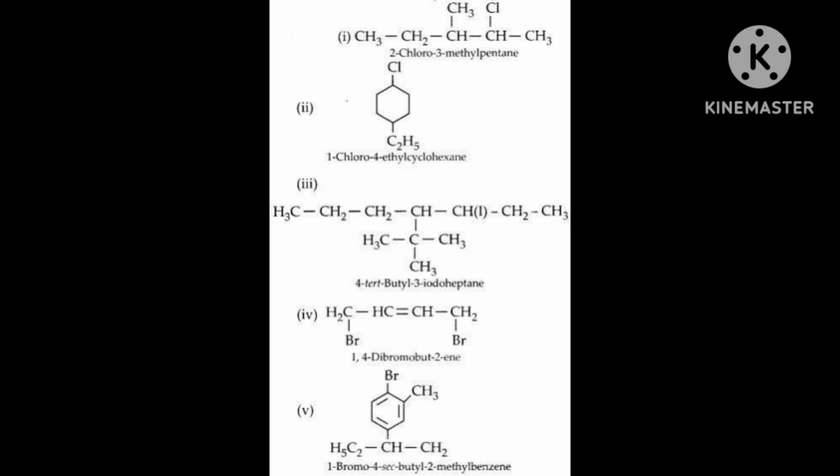You can write both numberings, but it is easy to write from the bromine side, because if you start from this side also, it will be second only, and from this side also the double bond will be on second only. From both sides it will come second, okay. That's why you can write from the bromine side, and it is good. 1-bromo 2-methyl but-2-ene, okay, because on carbon number 2 the double bond is there.